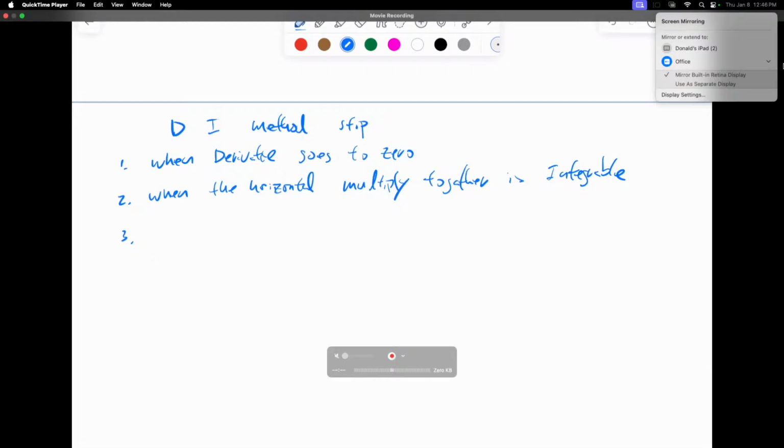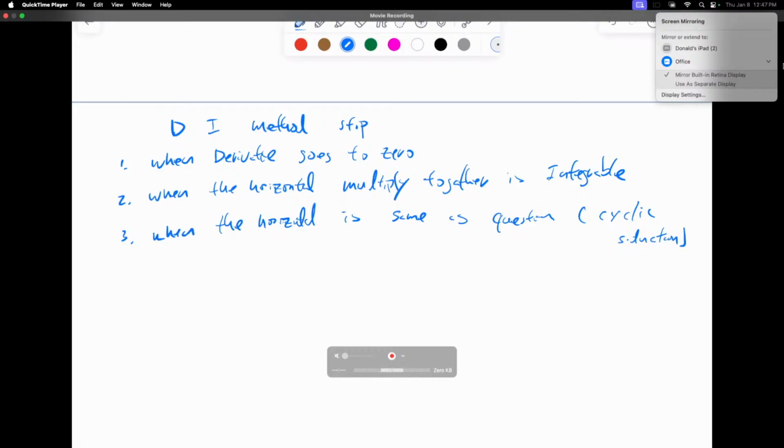Third, when the horizontal is same as the question, and we're gonna explain that. When the horizontal is the same, I call that the cyclic situation. That means everything is gonna go in cycle and it's gonna go infinite if it doesn't stop. Okay, so this is when do we do certain things.